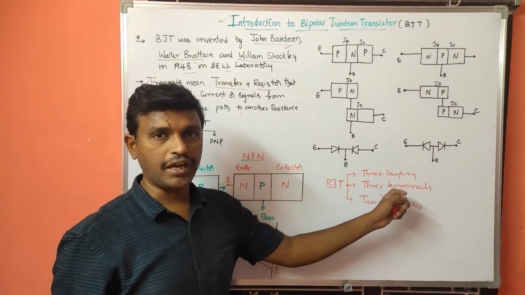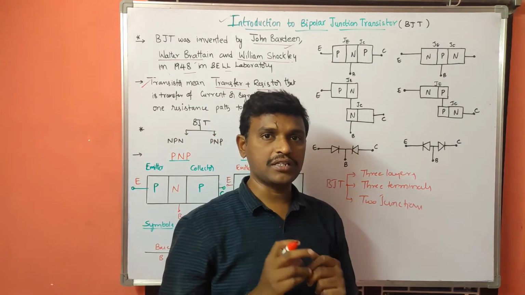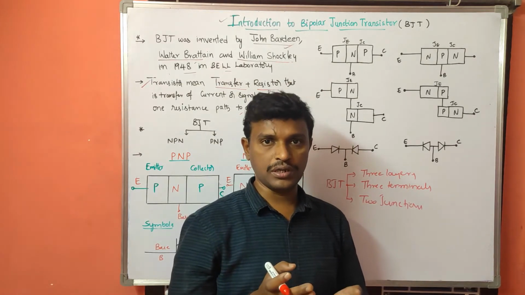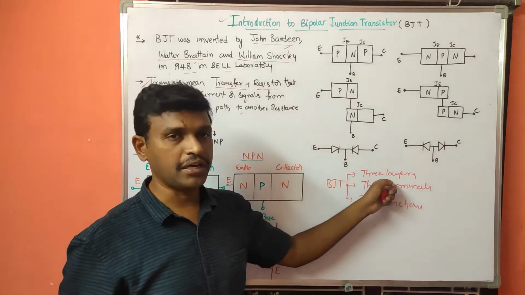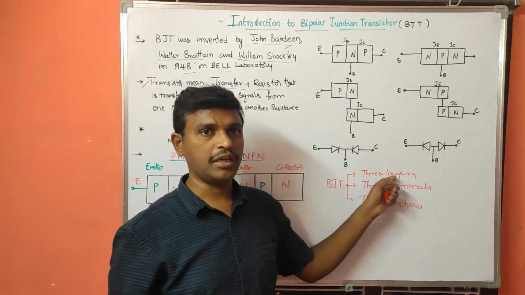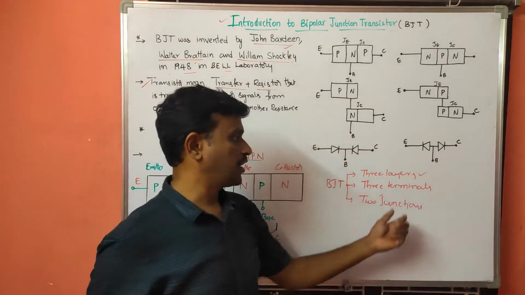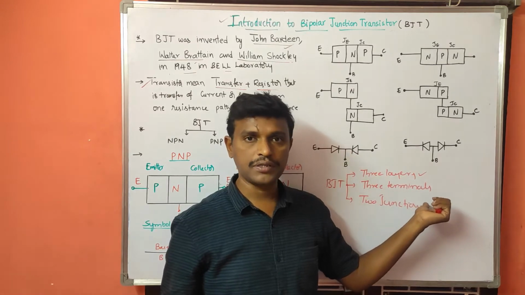Okay, so three layers means that is two P layers and one N layer, or we have another one, two N layers and one P layer. So if you consider any BJT, it consists of three layers. It consists of three terminals, that is emitter, base, collector.